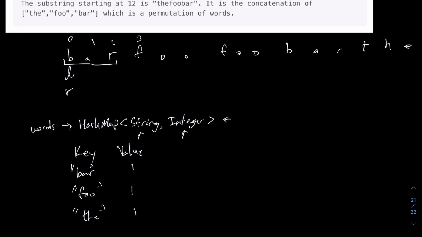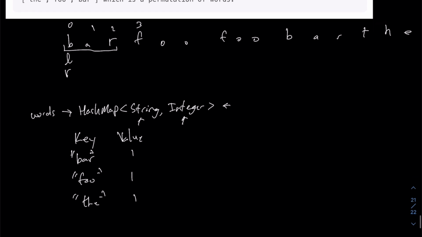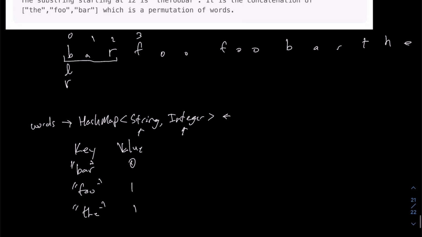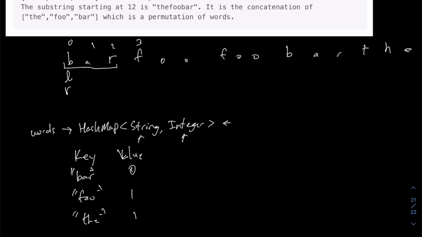So in the beginning, as the left and right sides of our window are still at the very beginning, we look at R and we look at this substring, bar. Is bar in it? Yes, it is. So we decrement it to 0. In this case, we can just delete the item and remove bar from our hash map, but for the sake of this problem right now, I'm not going to do that.